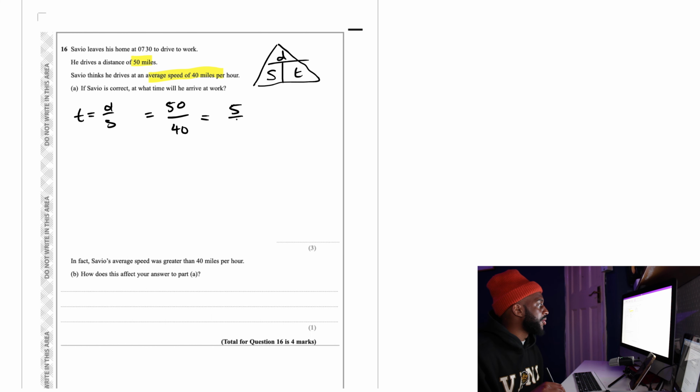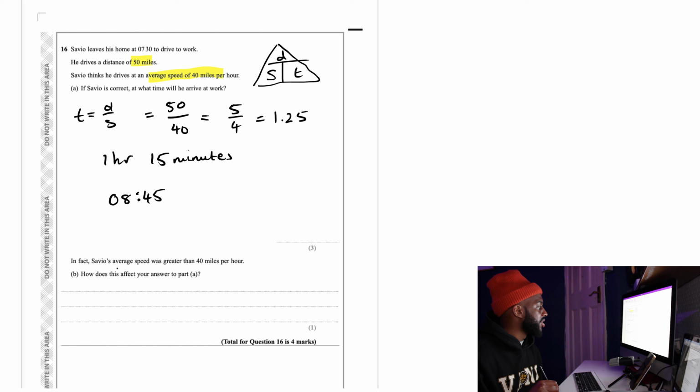So that gives us 5/4 when we simplify. And as a decimal, that gives us 1.25. So we've got 1 hour and a quarter hour. So that's 1 hour and 15 minutes. So we need to add that on to the time 7:30, which means he will arrive at 8:45.